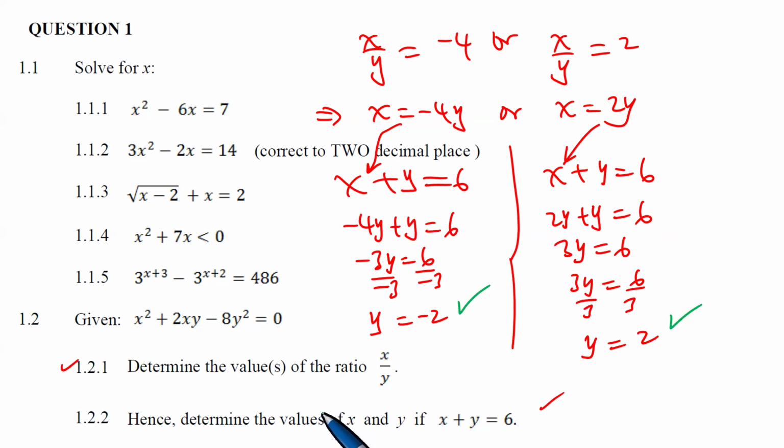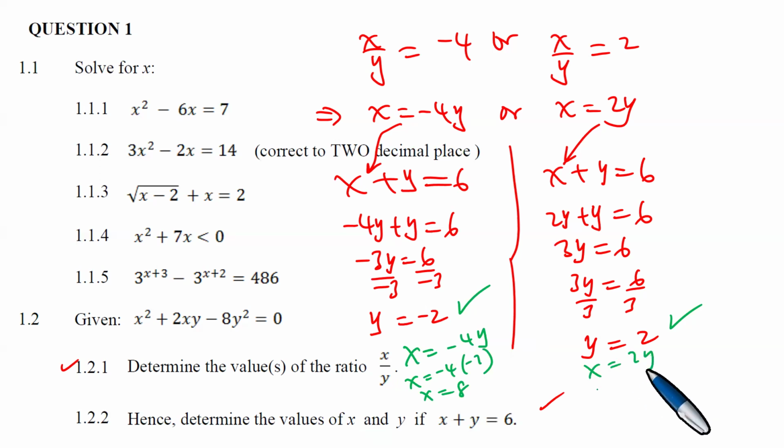Right. So in the end, those are the values we are getting. Okay, so we got the y's, and then we must get the x's. According to this equation, x is minus 4y, which means minus 4 times minus 2, so x is 8.